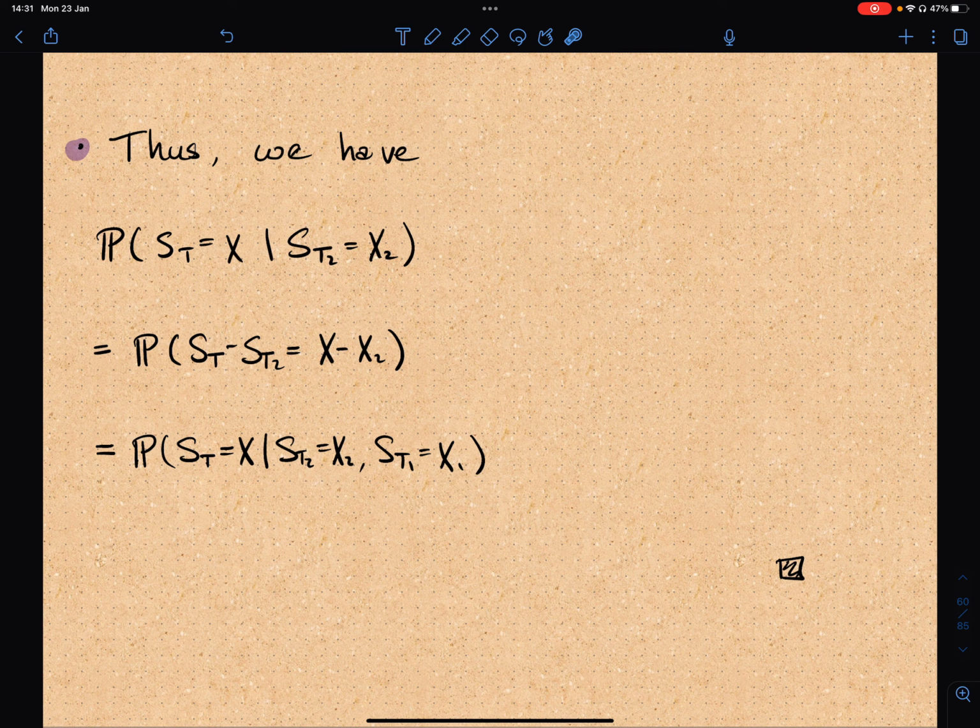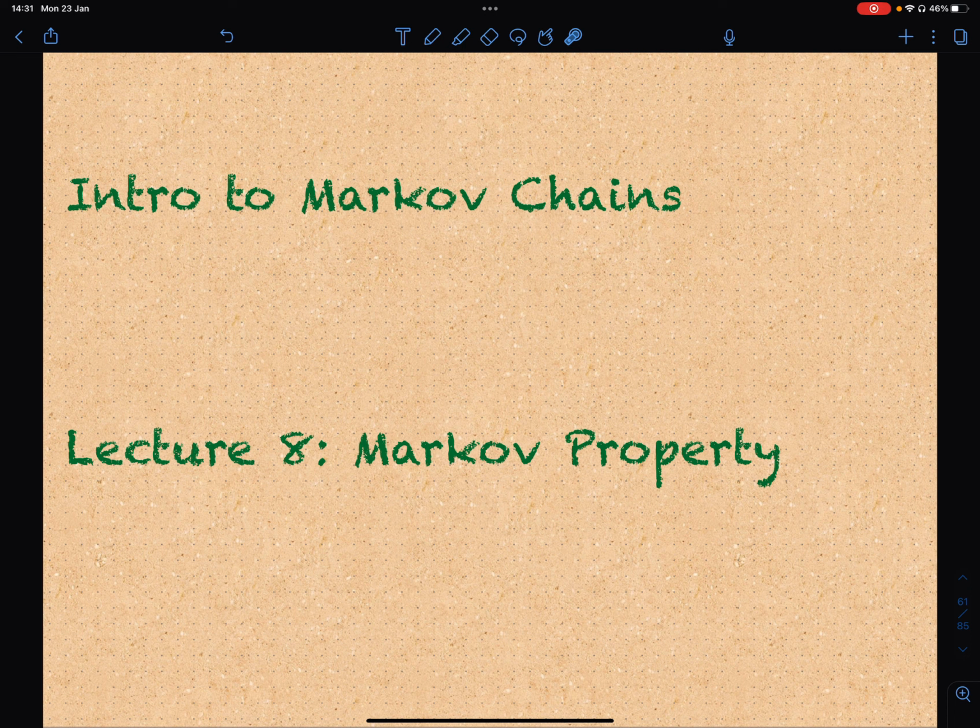This leads to independent increments, and based on this, we can simplify our conditional probabilities. The way that we simplify our conditional probabilities is what we call the Markov property. This Markov property is going to simplify a lot of computations, and we're going to see the implication of this Markov property in the next lecture.